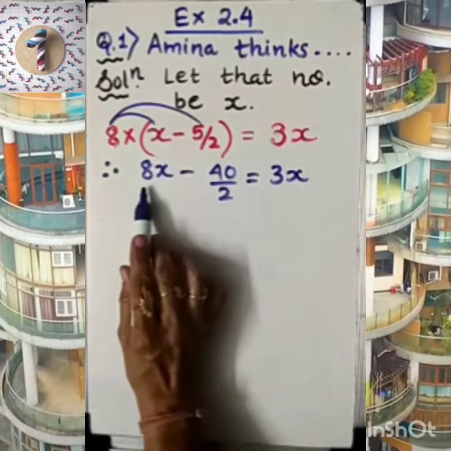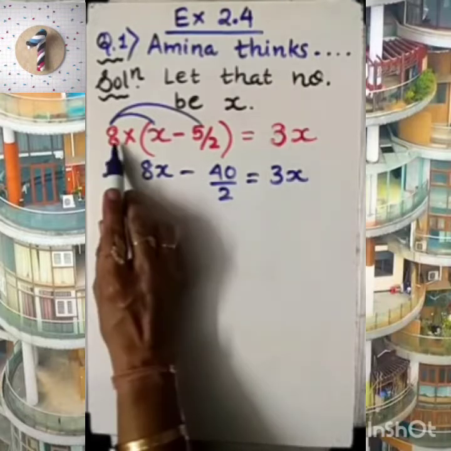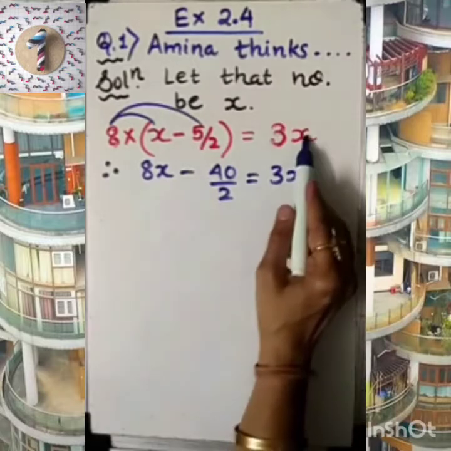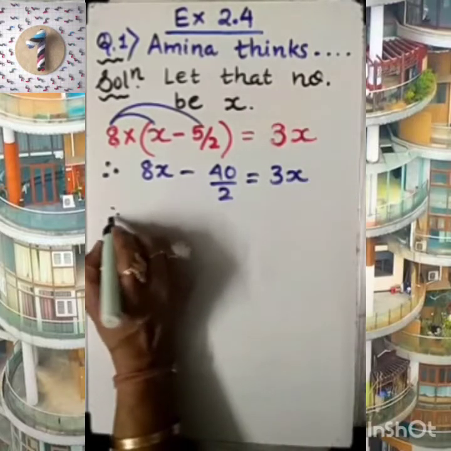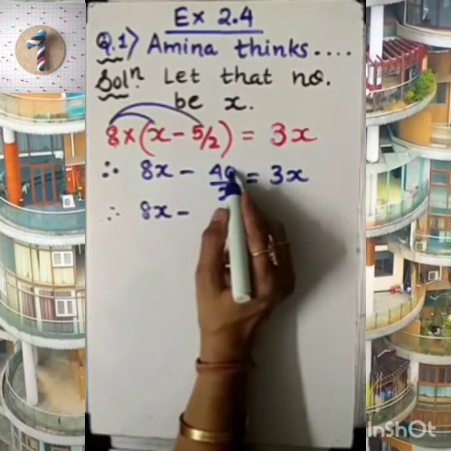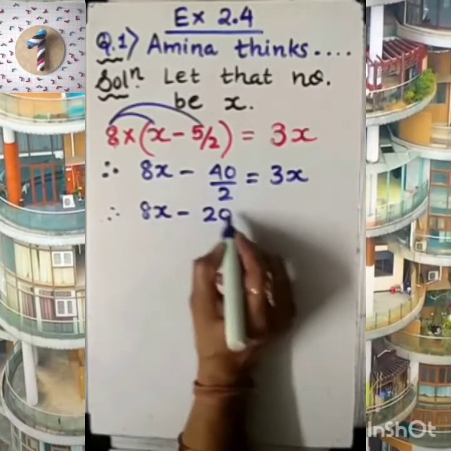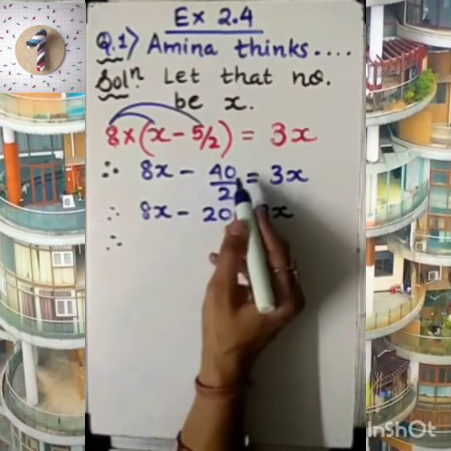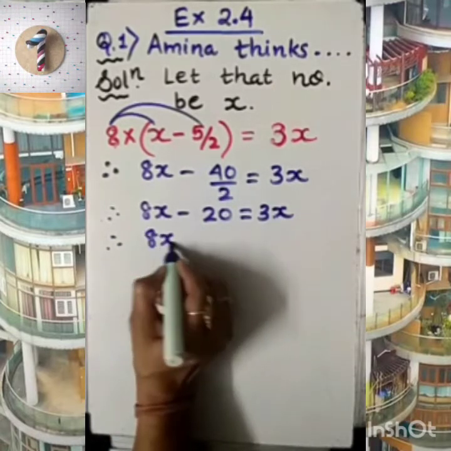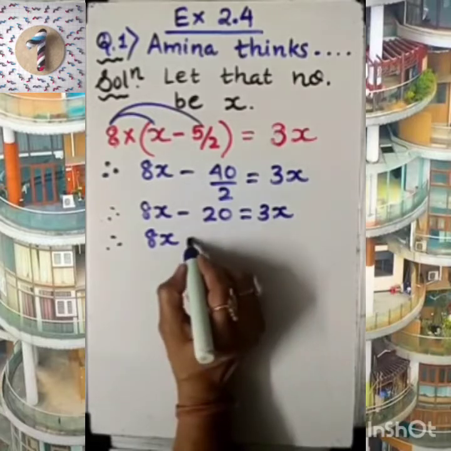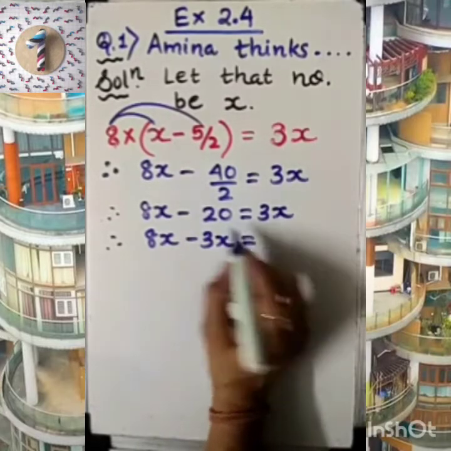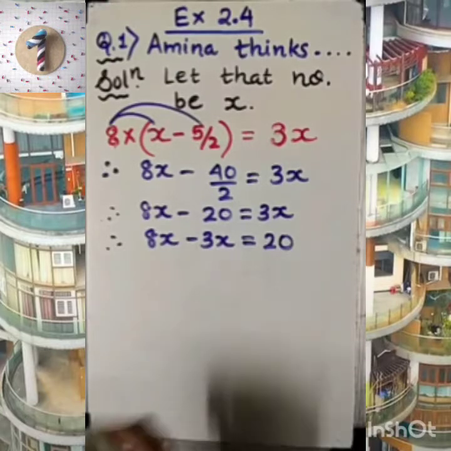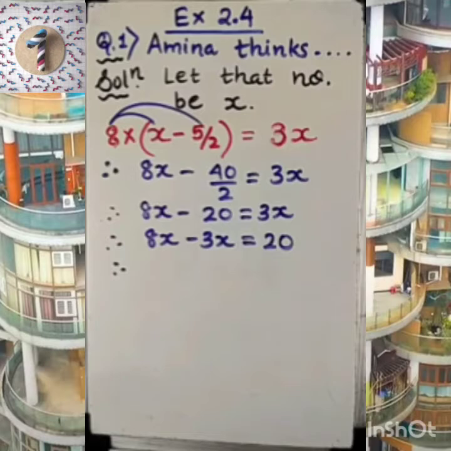Therefore, 8x minus 40 divided by 2 gives the result 20, since 20 is half of 40. Now, I am bringing this 3x to the left side, so it will become minus 3x, and this minus 20 to the right side, plus 20. So after transposing, we need to change the sign.